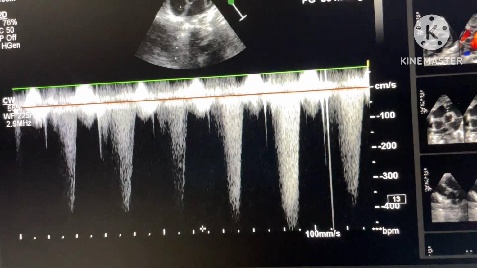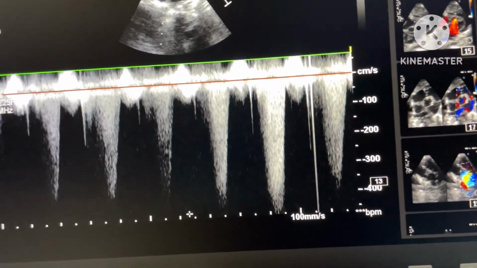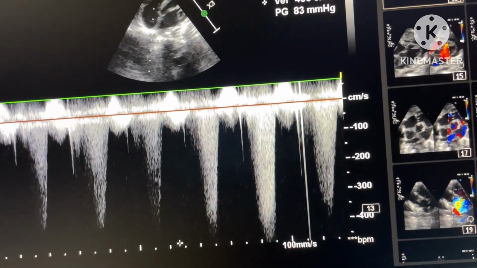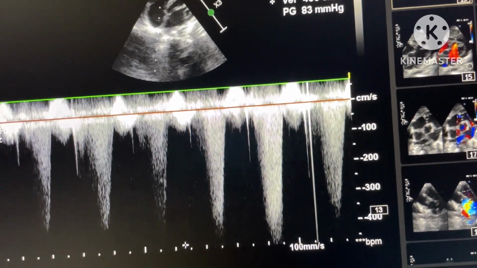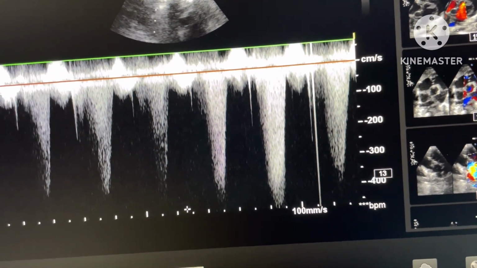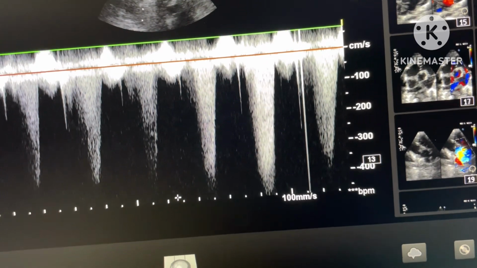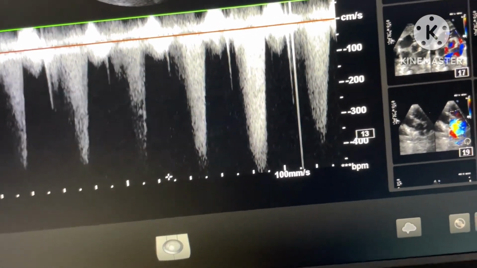You can see the mild TR, but the RVSP is very high. RVSP minus right atrial pressure is 83 millimeter of mercury, and peak velocity of TR jet is 4.5 meter per second. Very high velocity, very high pulmonary artery hypertension. Whenever RVSP is raised, if there is no pulmonary stenosis, that indicates raised pulmonary artery pressure also.